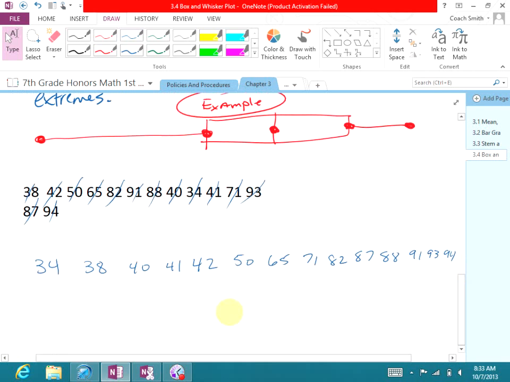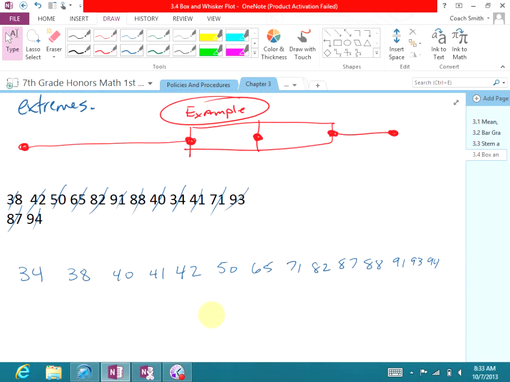All right, so that's the first step. Put them in order. Now I'm going to make sure I have the same amount of numbers: 1, 2, 3, 4, 5, 6, 7, 8, 9, 10, 11, 12, 13, 14. All right. So the next step is to find the median of the whole set of numbers.